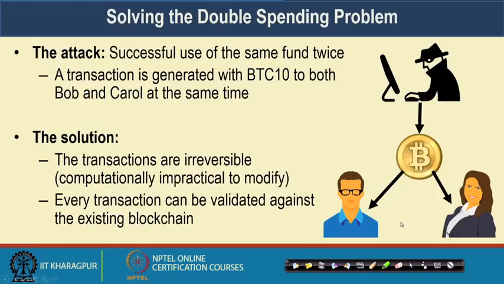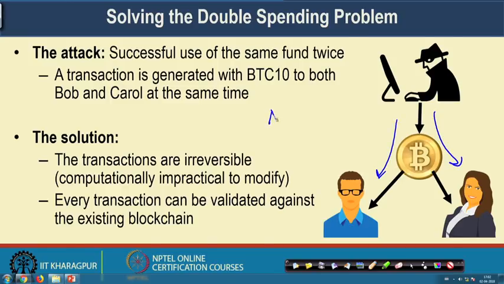Well, this proof of work also solves a problem in any digital cryptocurrency which we know as the double spending problem, and double spending can also work like an attack sometimes. Double spending means the successful use of the same fund twice. The attacker tries to transfer the same Bitcoin to two different persons almost at the same instant of time.